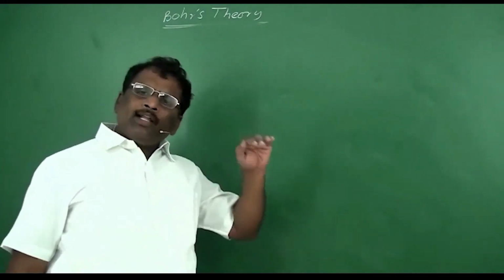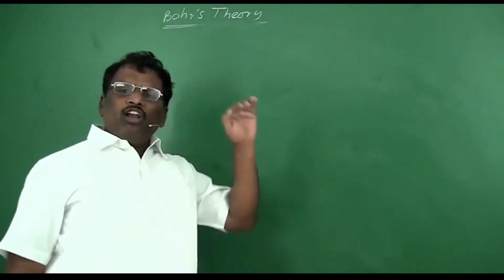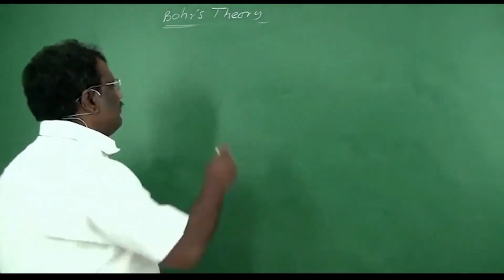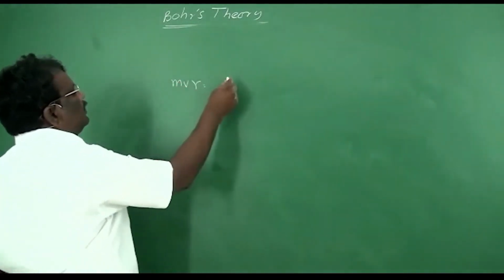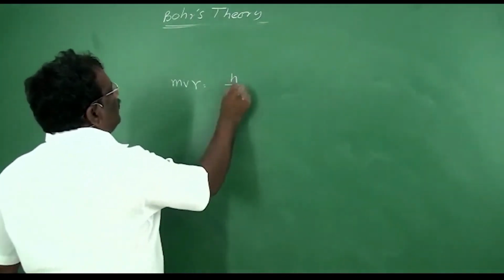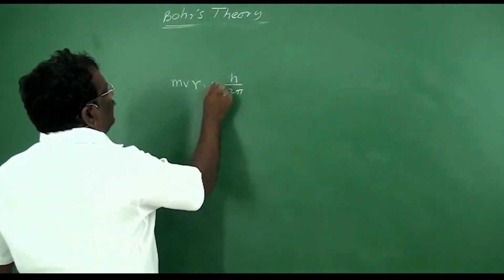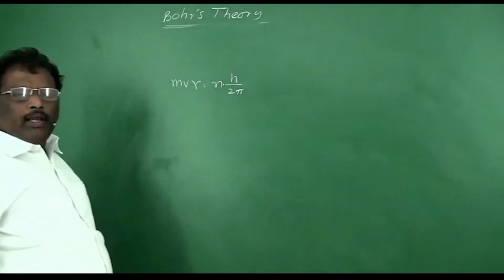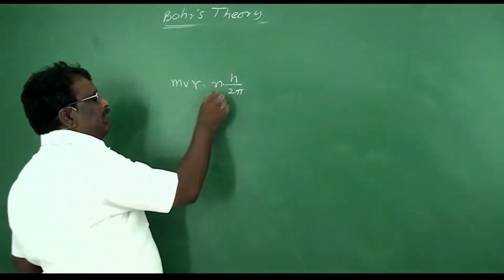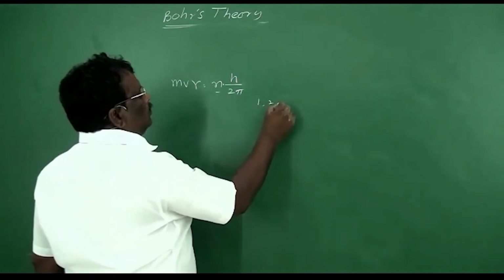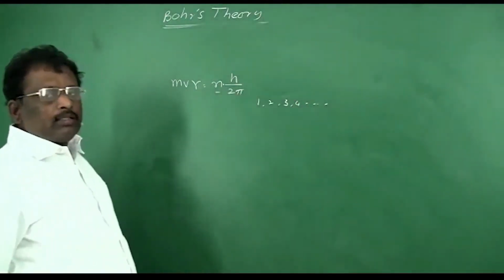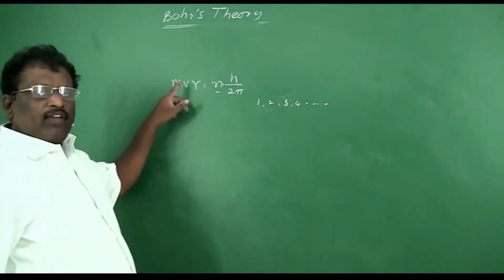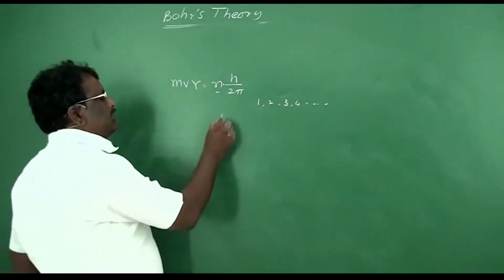So the angular momentum of an electron revolving in the circular orbit, mvr, is equal to a whole number multiple of h by 2 pi, n into h by 2 pi, where n is an integer, that is 1, 2, 3, 4, and so on. That means the angular momentum of an electron in the first energy level is h by 2 pi.